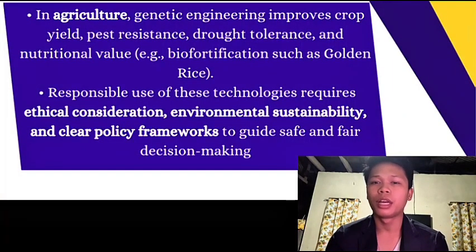This ensures that genetic technologies are not used solely for profit or convenience, but in ways that are fair, safe, sustainable, and beneficial to society as a whole. When these three areas work together, they help build public trust and ensure long-term success.